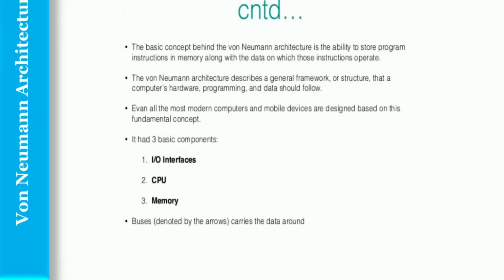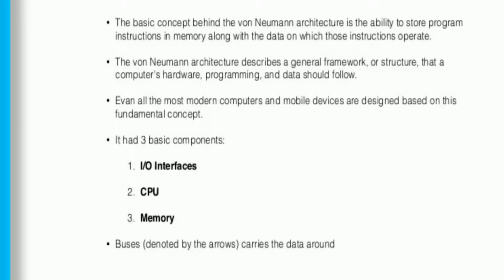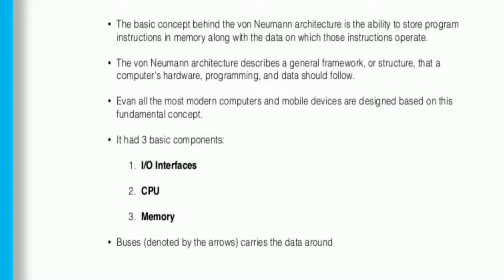In this Von Neumann architecture, there are three basic components. The first one is the I/O interface, the second one is the central processing unit, and the third one is the memory, which we have just seen. The I/O interface means input output.